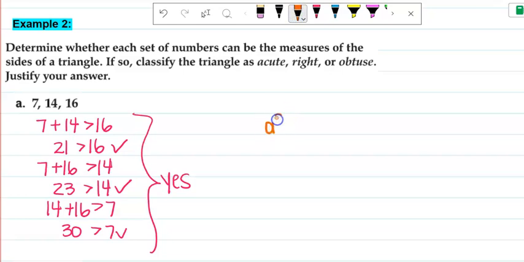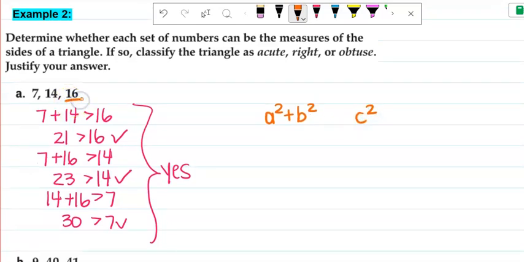So we're going to set up our Pythagorean theorem. We're going to pretend that the biggest side is still going to be our hypotenuse. We're not sure if it's actually going to be a hypotenuse in a right triangle, but we're going to assume that it is. The other two sides can just get plugged in. 7 squared, 7 times 7 is 49. 14 squared, 14 times 14 is 196.